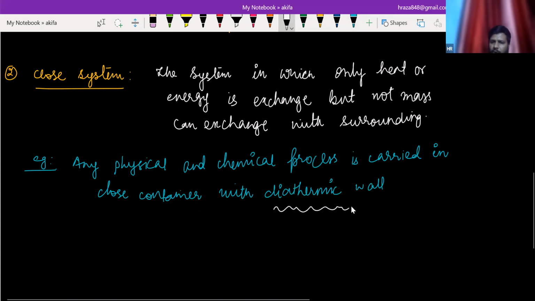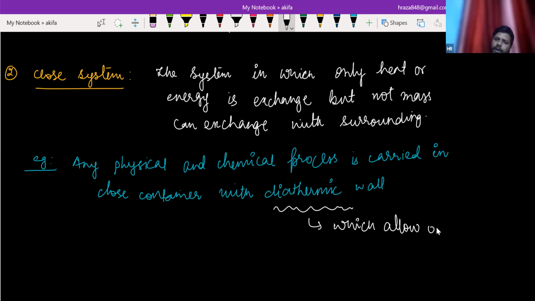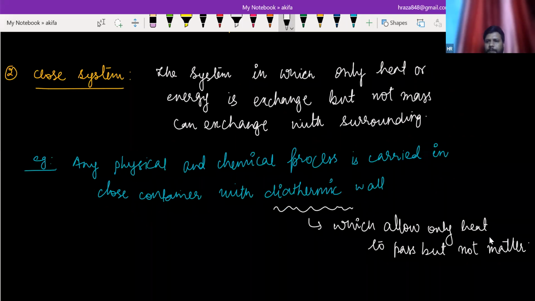This is a boundary which allows only heat to pass, but not matter. So the boundary of closed system is made up of diathermic wall, which allows only heat energy to pass, but not matter. Just write.